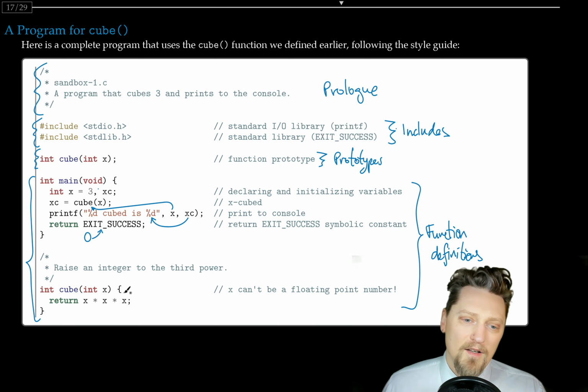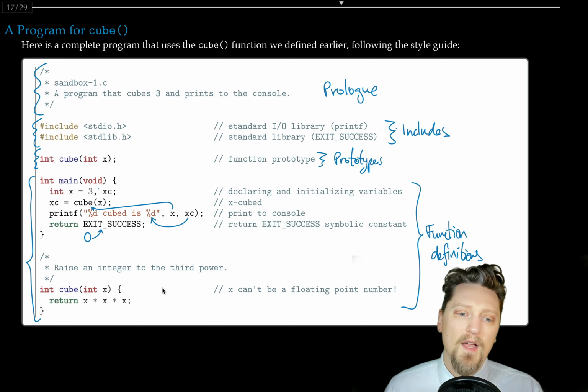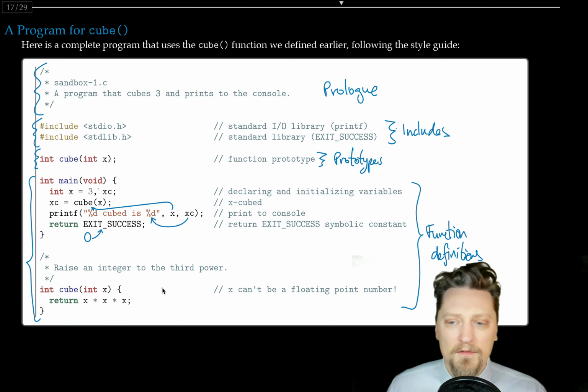We open up a block, return x times x times x, and that is our cube function, just like we saw before. So this is a full program that if we run should print 3 cubed is 3 times 3 times 3 is 27.